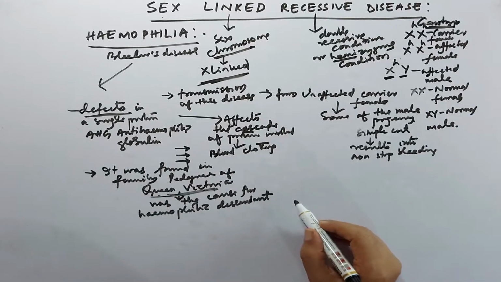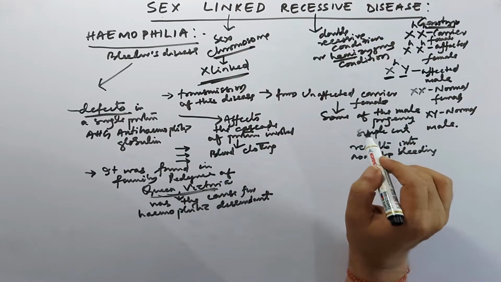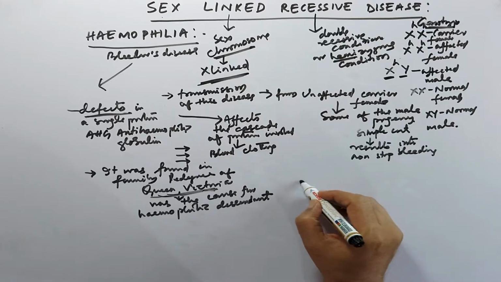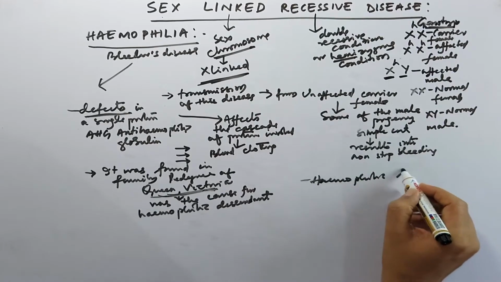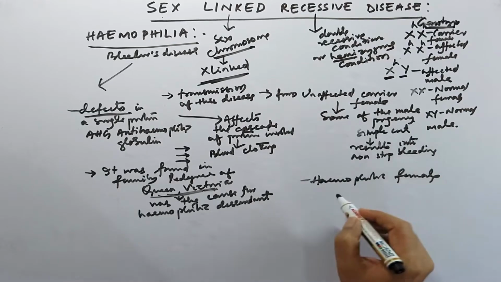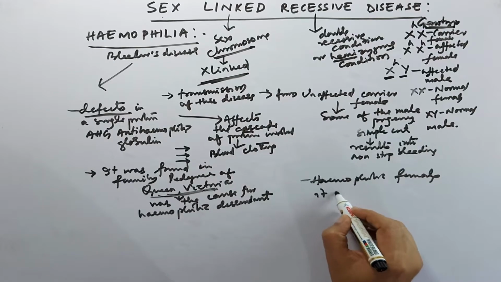And when a defective, that is hemophilic, female is produced, it dies before birth.